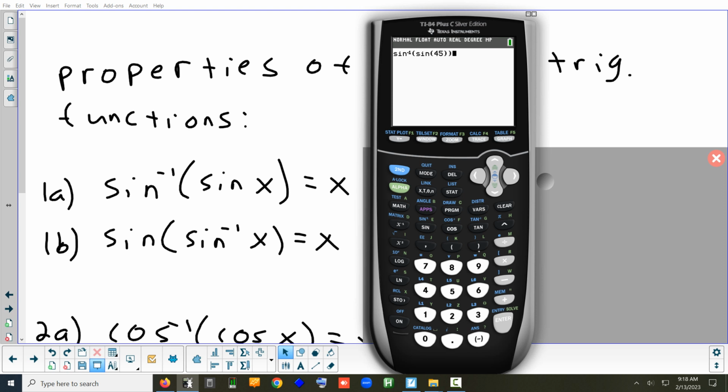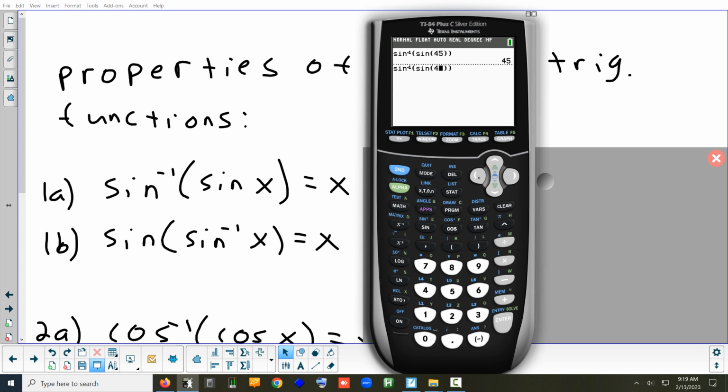So based on typing that in, inverse sine and regular sine are going to cancel each other out, and the answer I get is whatever I typed in. So what do you think I'm going to get when I hit enter here? Yeah? 45. Yeah, and I get 45. And thank you for saying 45, because there are certain angles that would not have worked. But 45 is one of them. That does work.